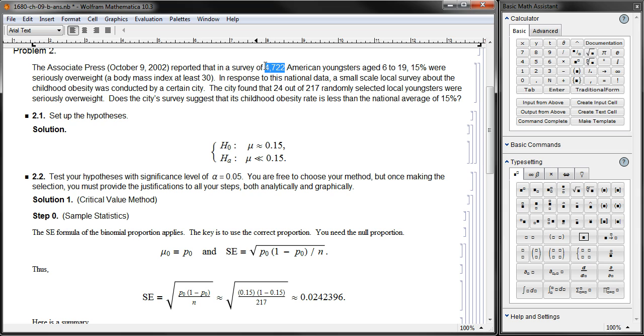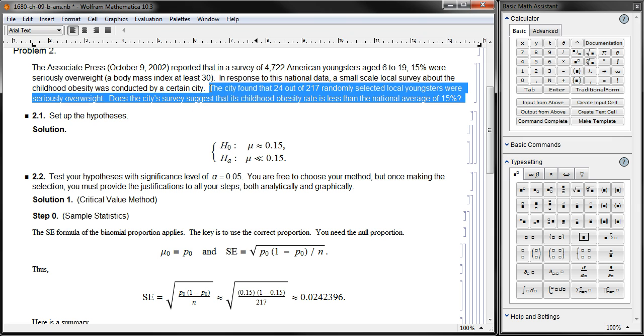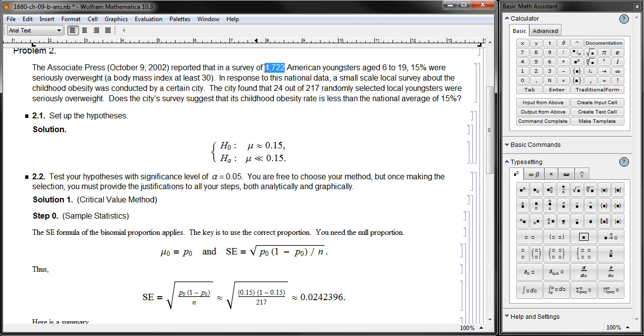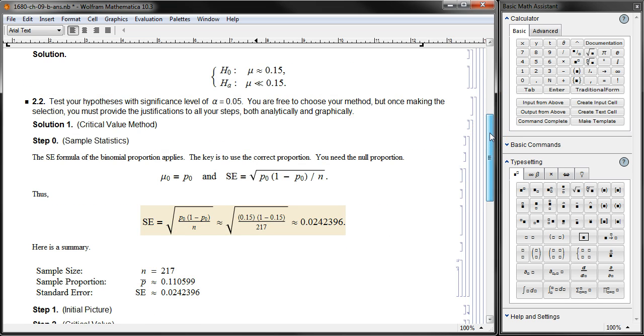But partly no, because I want you to find out what is the right sample size in this particular case. In this case, we are doing everything about that city, and that city took 217 randomly selected local youngsters, not 4,722 nationally selected American youngsters. So we have 217 there. That's in the standard error, in the denominator. Tricky, but here they are.